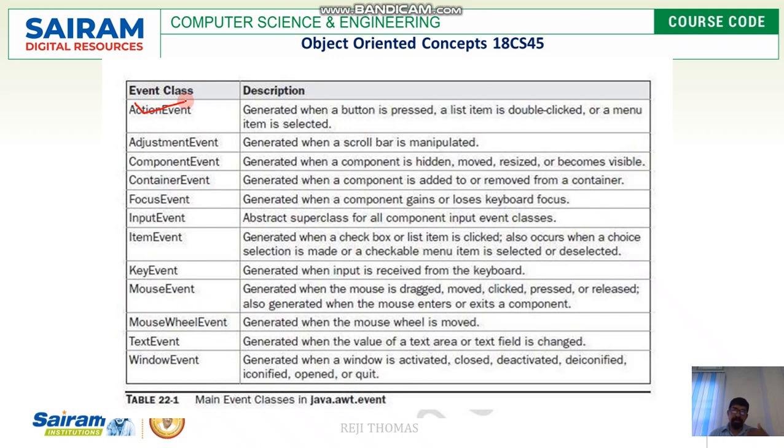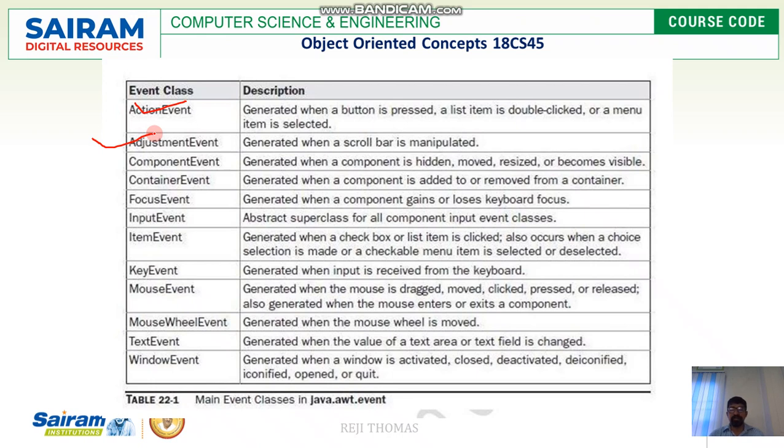In the same way, we have another class called adjustment event. This is generated when the scroll bar is manipulated. When we manipulate it, this event is created, and we can deal with this using the class called adjustment event. The next one is component event.